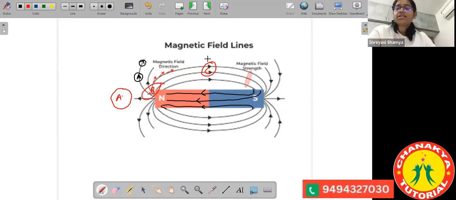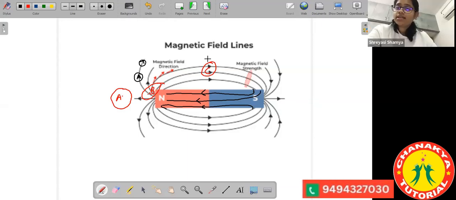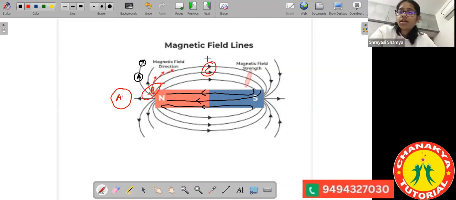At place C, or B? B. At B, because at place B you have a stronger field. Yes, sir, it's more close to the magnet.